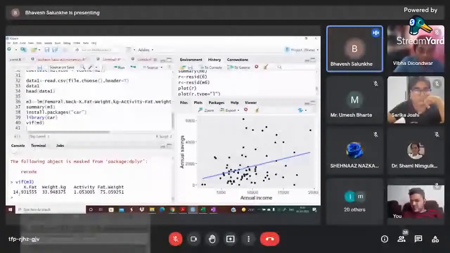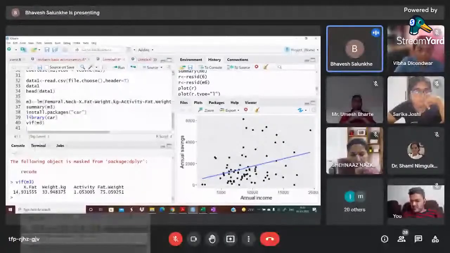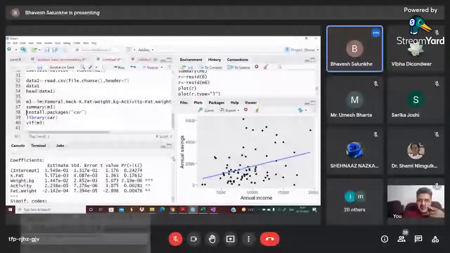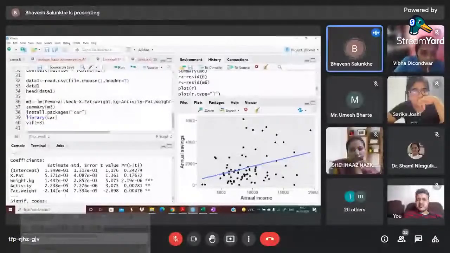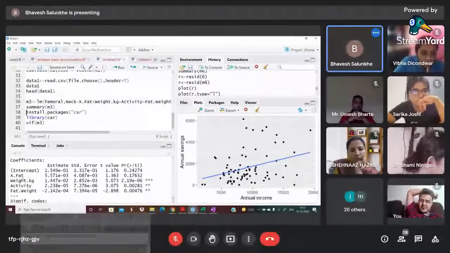And if you go to the standard errors, now see the standard errors for weight, activity, fat. Now these are scientific notations.